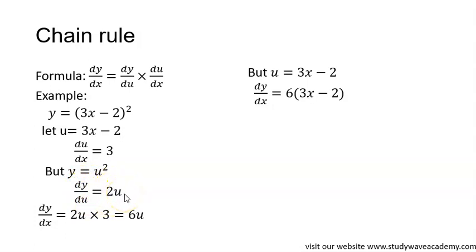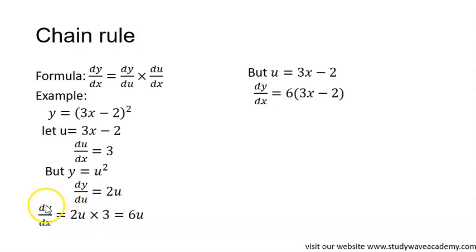Do you understand? So we have gotten du over dx, which is 3, and dy over du, which is 2u. Okay? So we are going to substitute these values into this formula. So dy over du is what? 2u, right? So we put 2u.